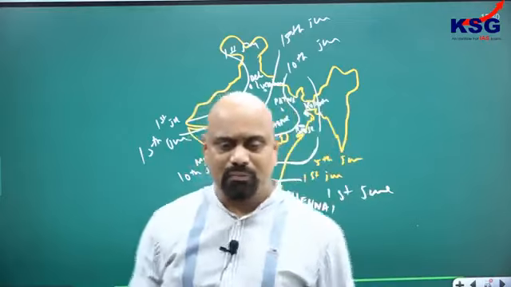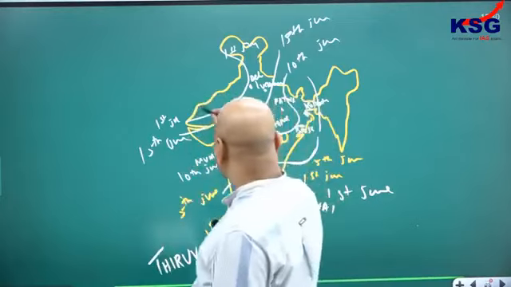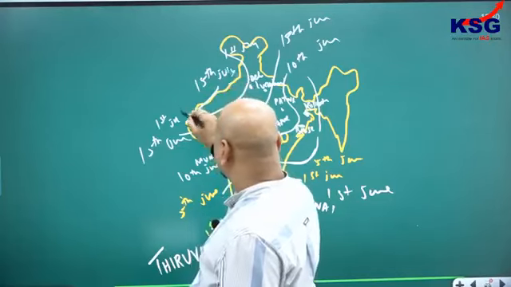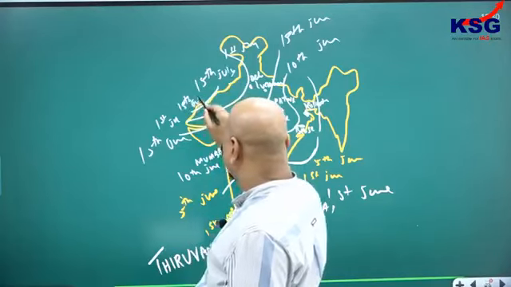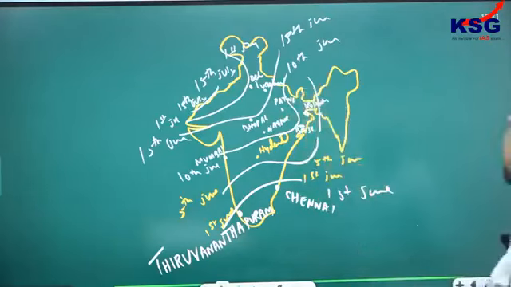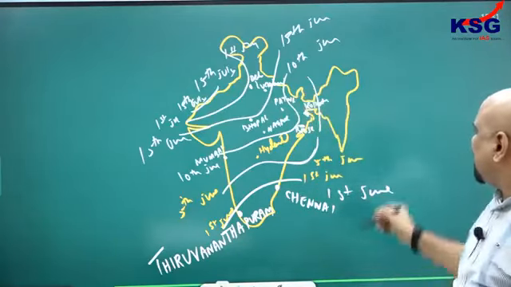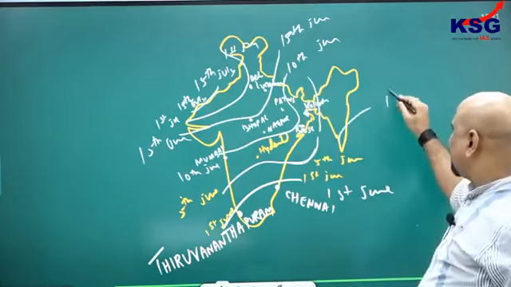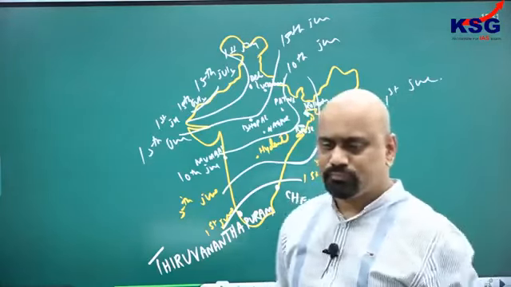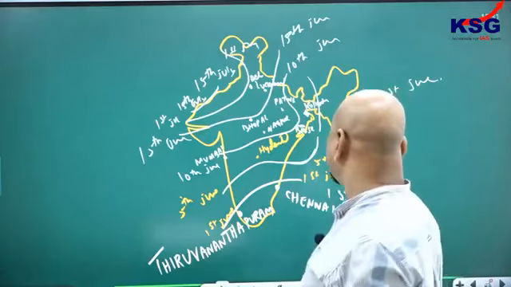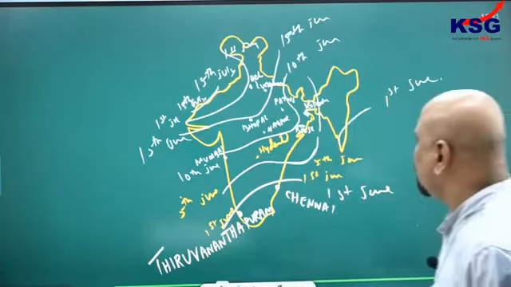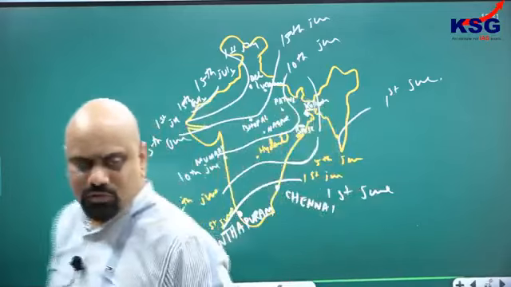Then by 15th of July, it completely covers everything. 15th July covers the entire country. So step by step it moves. ये हो गया 1st June. Okay, step by step it moves from India towards north.